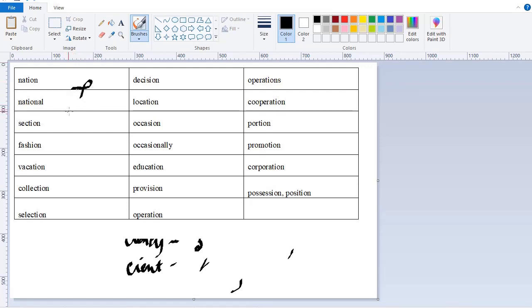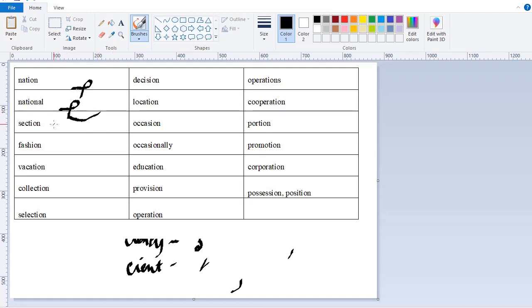Nation. National: we have na, Shon, and then L. National. Again: nation, and then L.